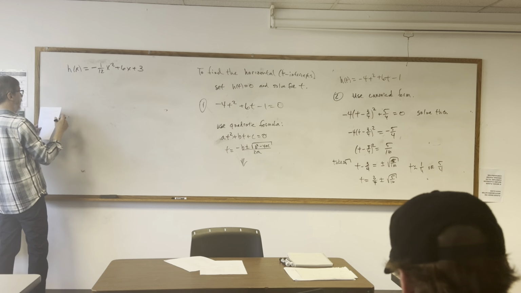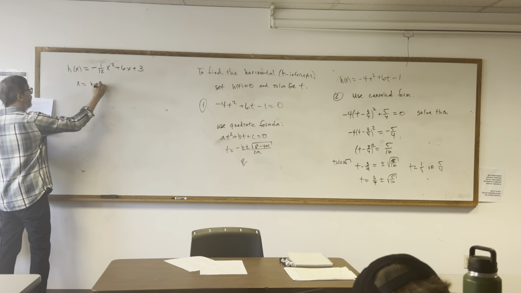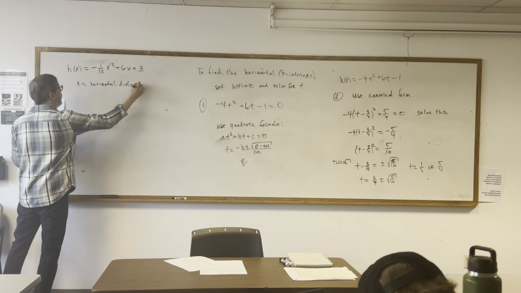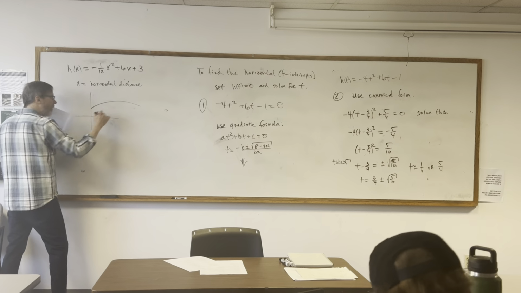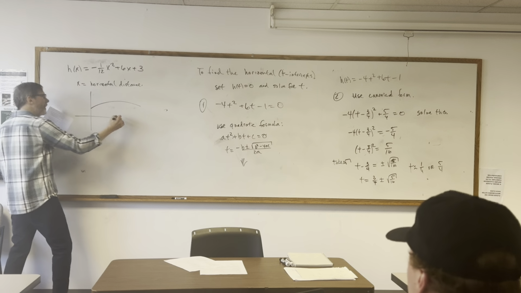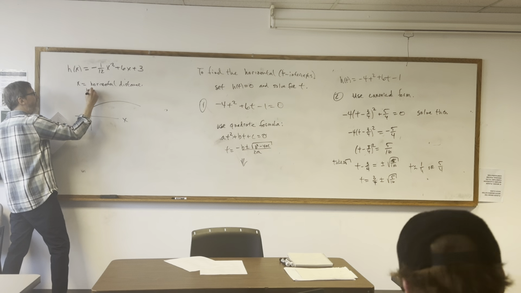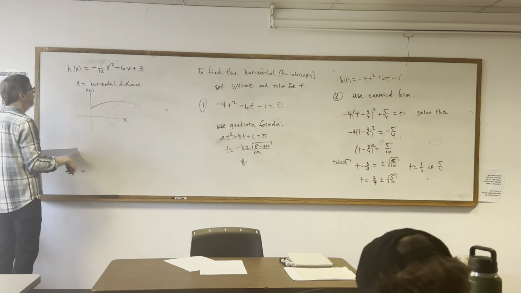So that looks pretty weird. x is the horizontal distance. We're throwing the ball up. x is the distance that it's traveled horizontally, and h of x is how high it is at that time. That's a parabolic thing in general.